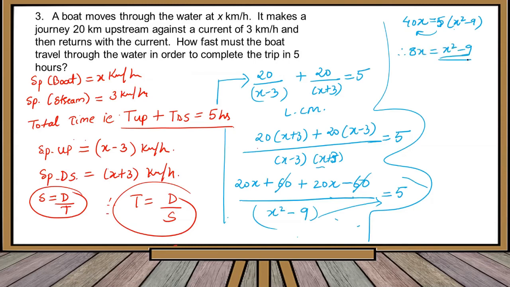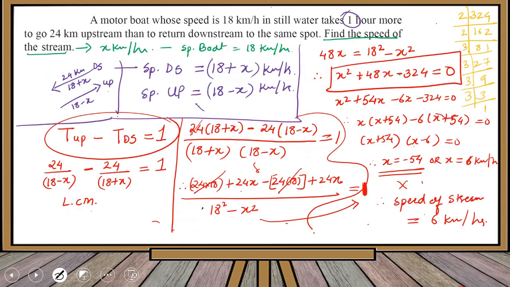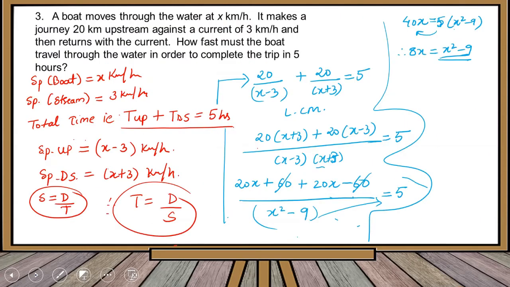I'll bring these two terms over here. So therefore, hence the quadratic becomes x square minus 8x minus 9 equal to 0. That is the required quadratic equation.